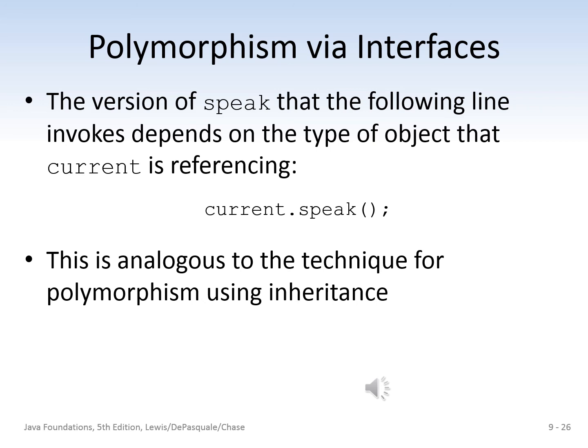And it can also have its own speak method body implementation. So the version of speak that the following line invokes depends on the type of object that current is referencing. This is analogous to the technique for polymorphism using inheritance. This is clearly a different way of implementing polymorphism.